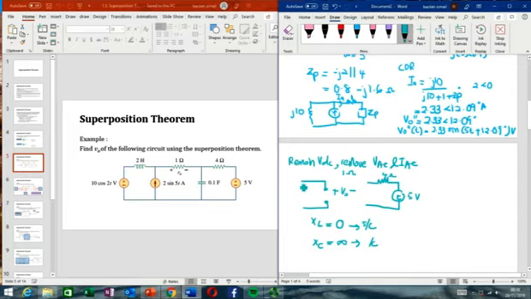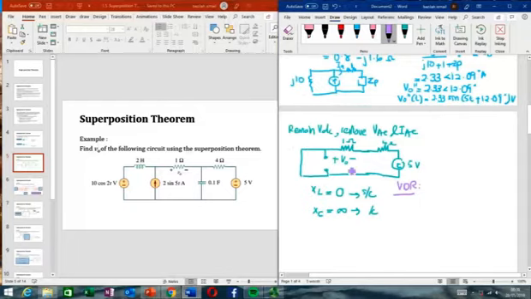So now this one becomes short and this one is open. Basically, the 1 ohm resistor will be in series with the 4 ohm resistor. So we can calculate V naught by using VDR, the voltage divider rule.